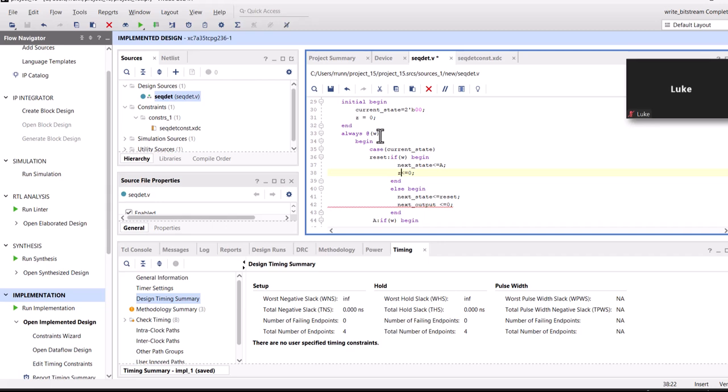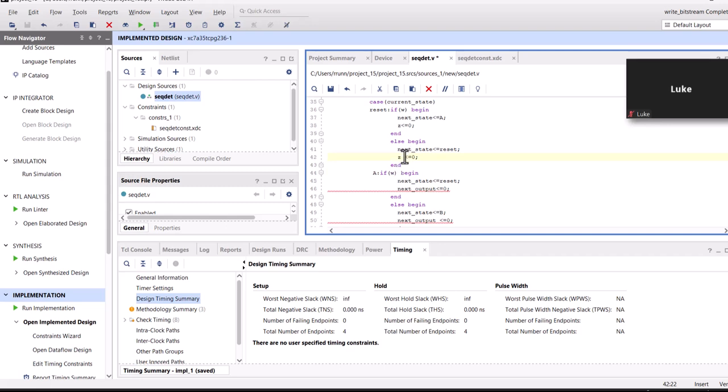And then I have always at W, and then my case on current state. My first state was reset, and if my input was 1, I was supposed to go to my next state, and my output was supposed to be 0. If my input was 0, then my next state stayed where I was, and my output was 0.